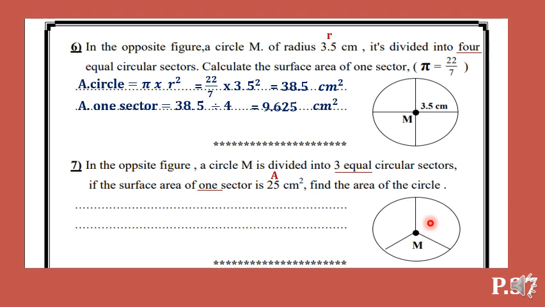And for sure this will be 25 squared centimeter and this part 25 squared centimeter. So to find the area of the whole circle, I'm going to multiply this 25 by 3. So area of the circle equal 25 by 3, which is equal 75 squared centimeter.